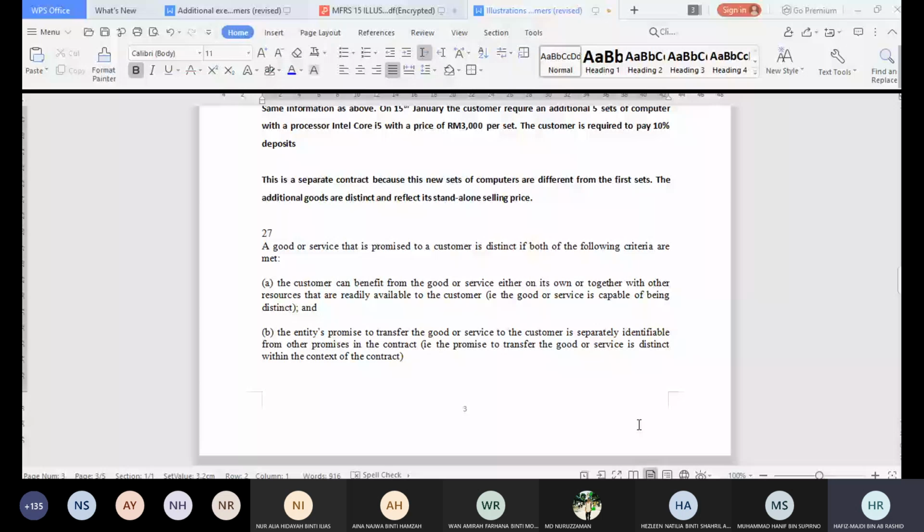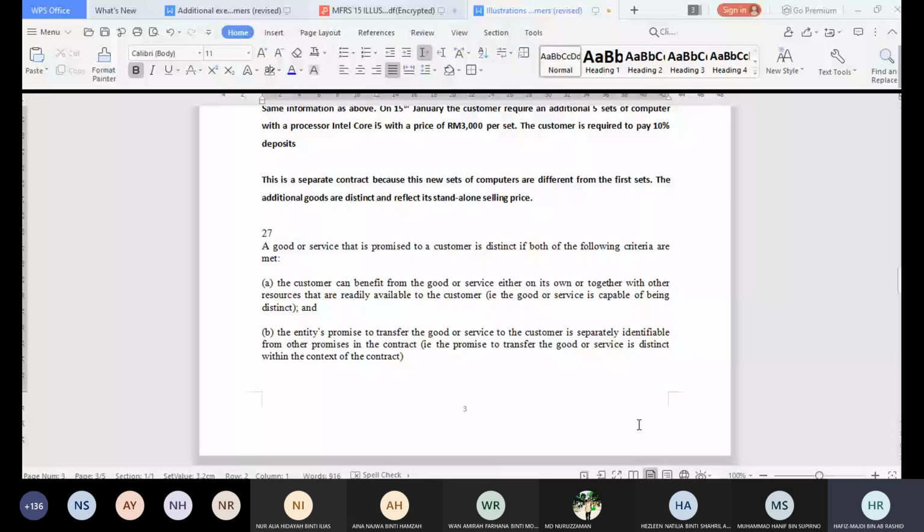But of course, there is a further discussion in the standard. Even if it is separately identifiable, if the first batch and the second batch are connected, for example, the first batch is for the purpose of preparing for the second batch to be delivered, then that again might not lead toward distinct criteria.